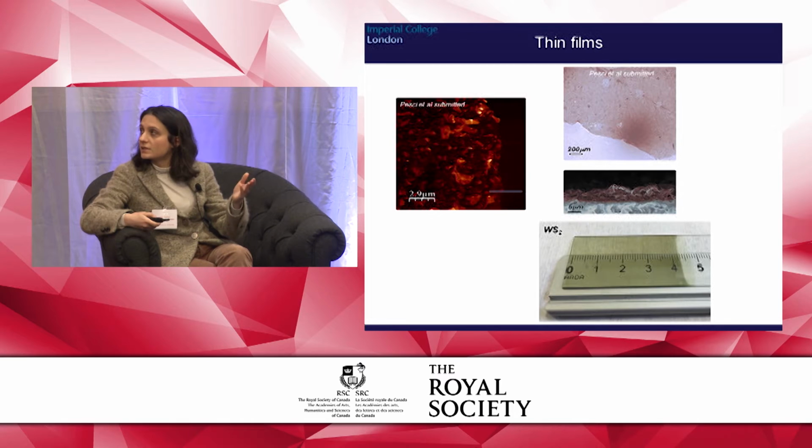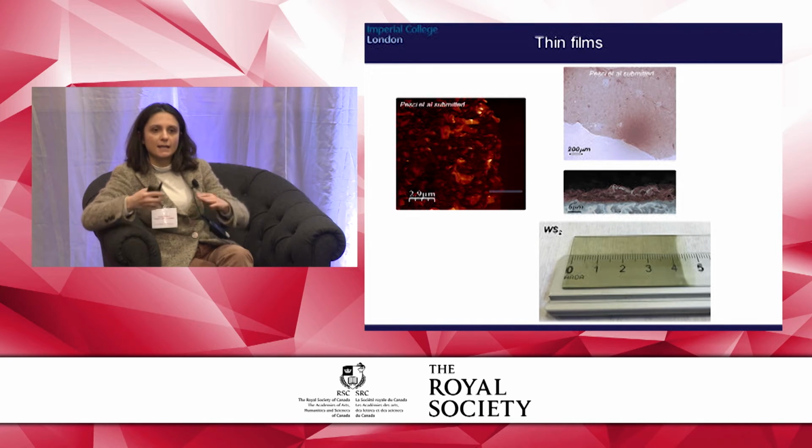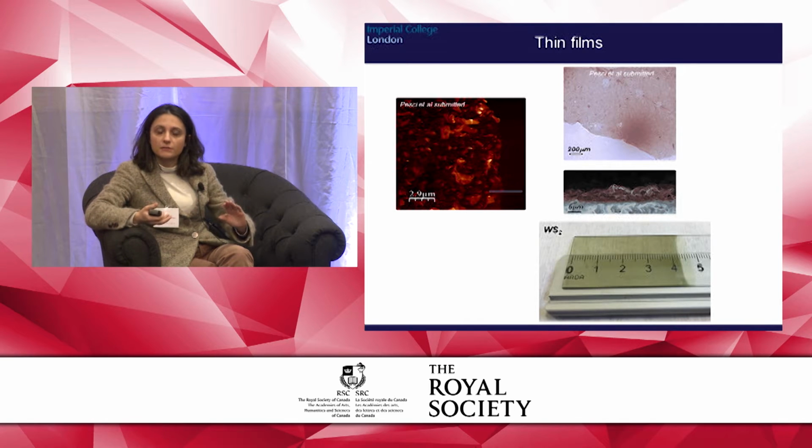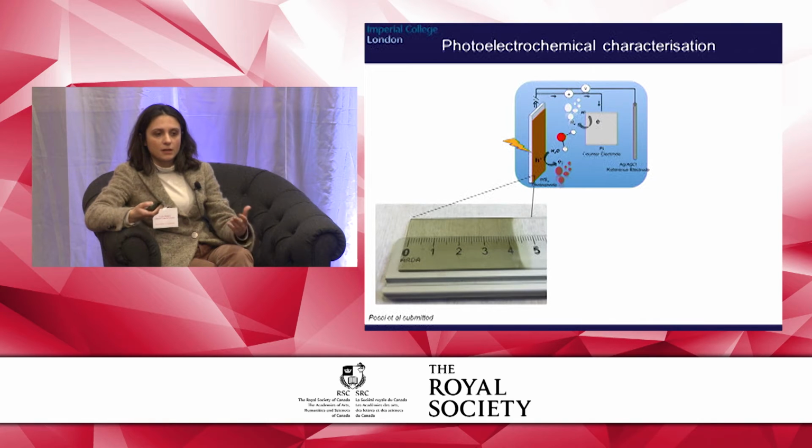For instance, we see here an example of how we can create a mosaic-like structure, thin films onto glass. And then we can use these thin films, where the single layer properties are preserved, for various different applications. For instance, we have been exploring using this as an electrode for photoelectrochemical water splitting.